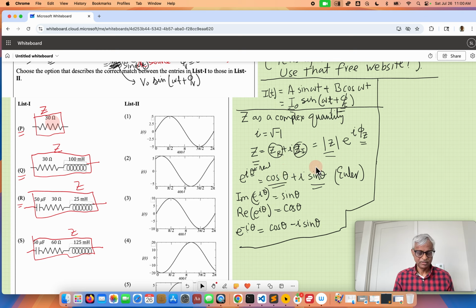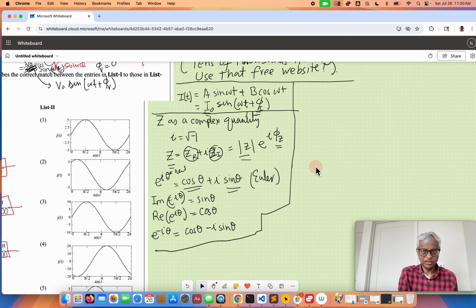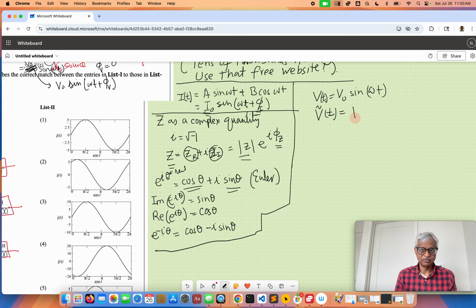So I would do it over here. I have v of t is v0 sine omega t as our voltage. Then I can write v complex of t as v0 e to the i omega t.